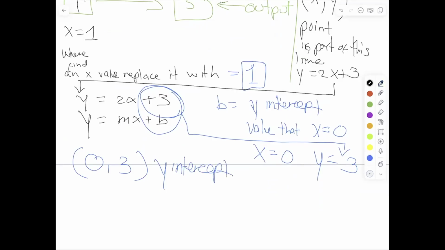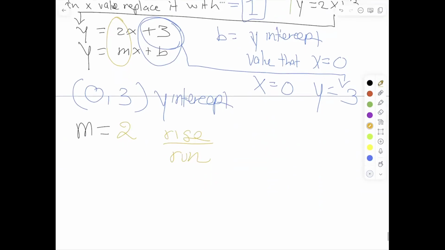So what is my slope? 2. What does that mean? Rise over run. So when I graph this, I'm going to start at 0, 3. And I am going to have a slope of 2, which is rise 2, run 1. And now I have a line.